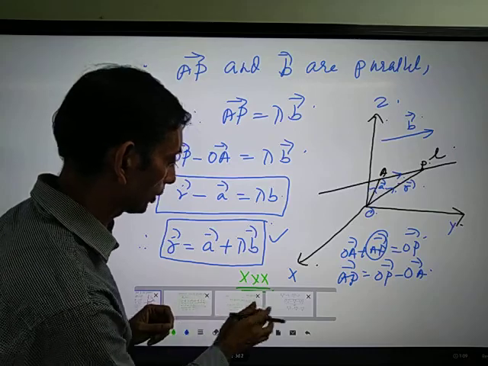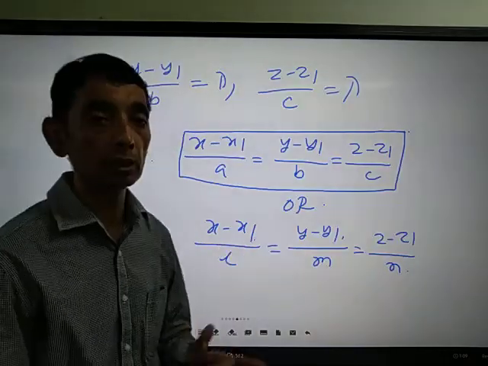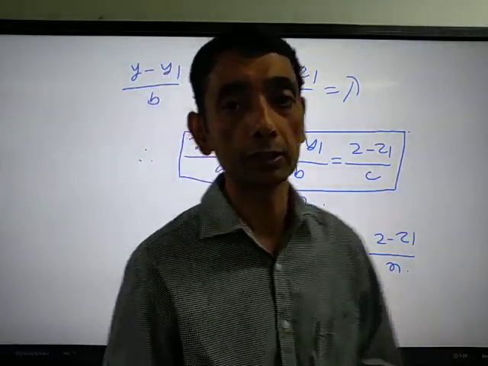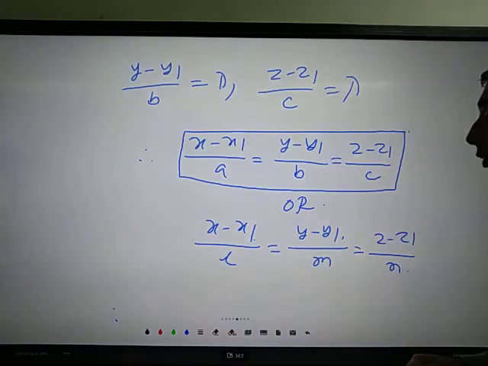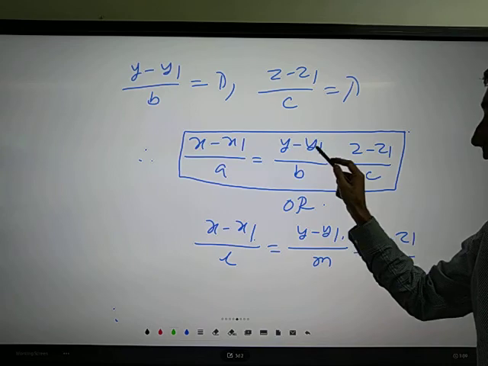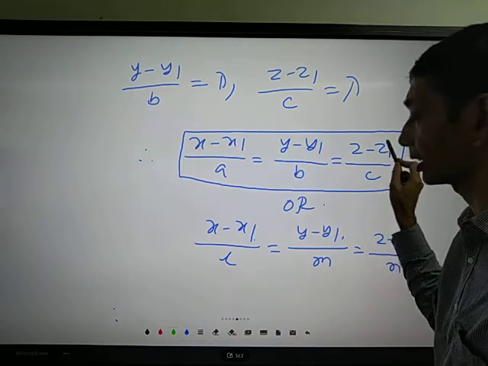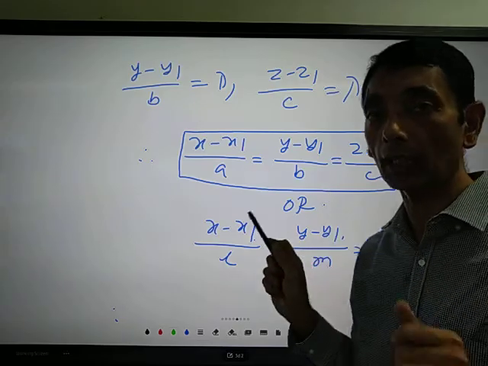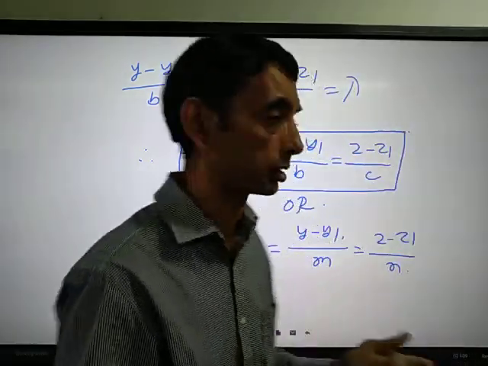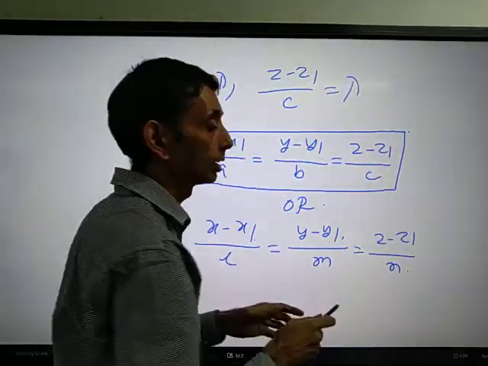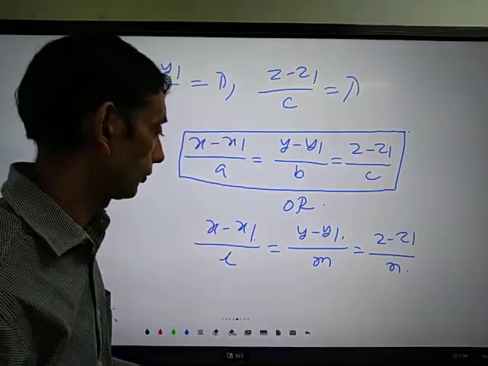Similarly, we have also derived the Cartesian form of the equation of the line, that is (x minus x1) by a equals (y minus y1) by b equals (z minus z1) by c. What are x1, y1, z1? They are the coordinates of the given point. Remember this. And a, b, c are the direction ratios of the line.